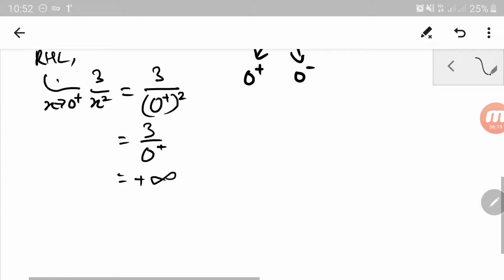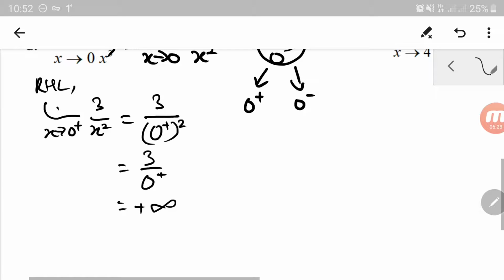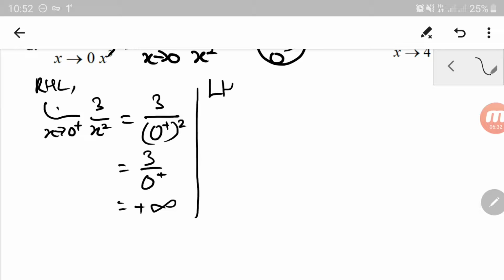Now let's find the left hand limit for this one: the limit as x approaches 0 from the left of 3 over x squared.